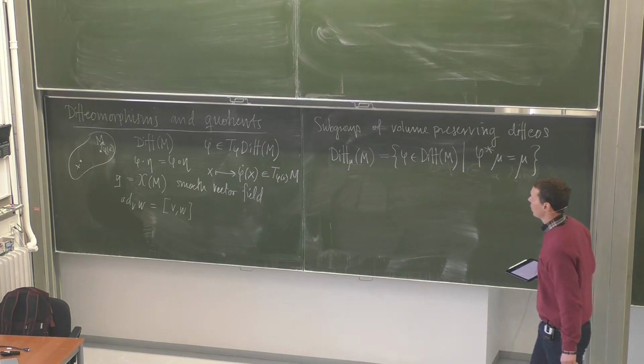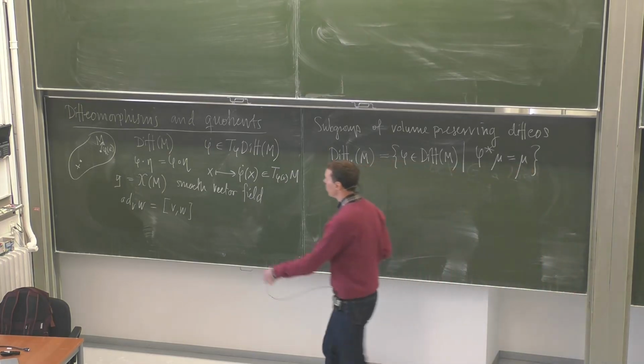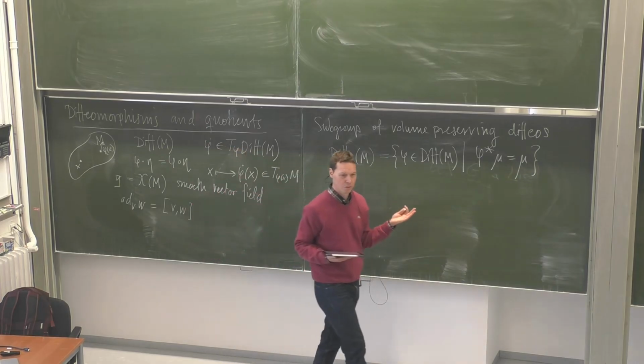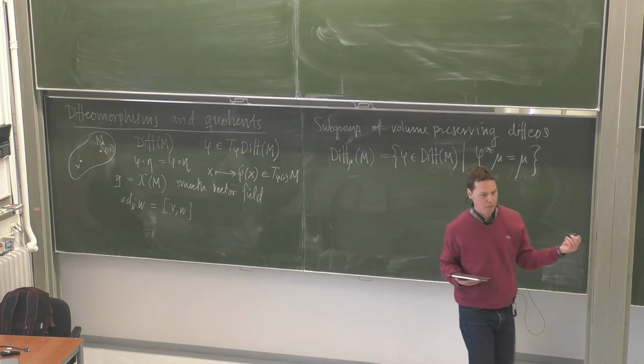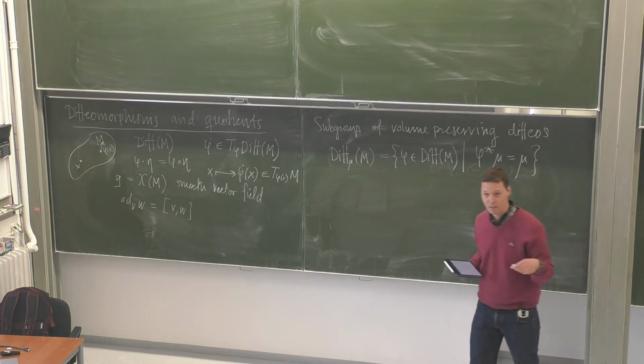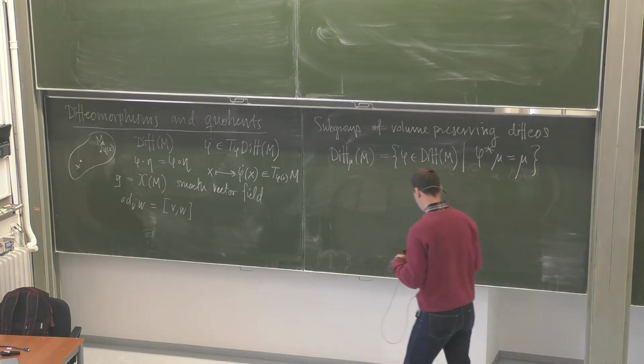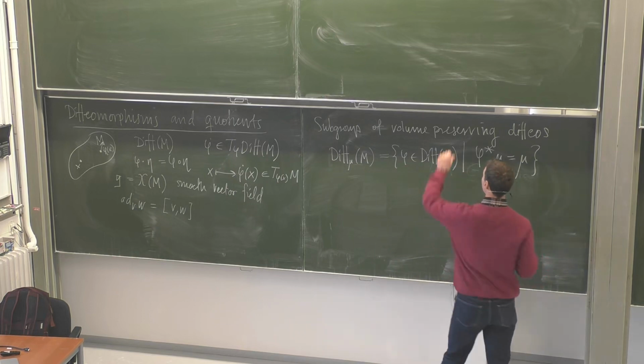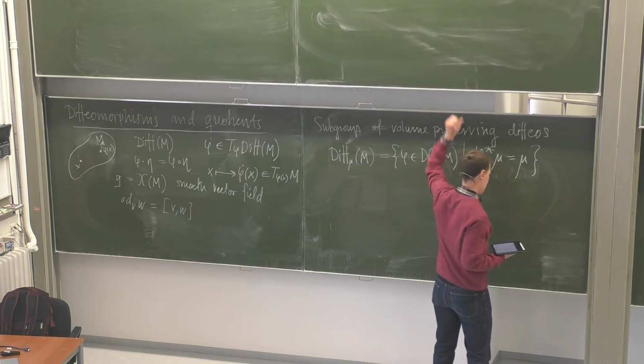The other reason is that once you have a group and a subgroup, you can take the quotients. And you can take it from the left or from the right, okay? And you get some quotient space. And let me illustrate this.